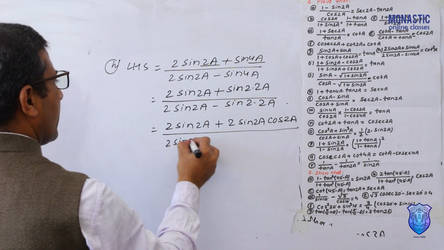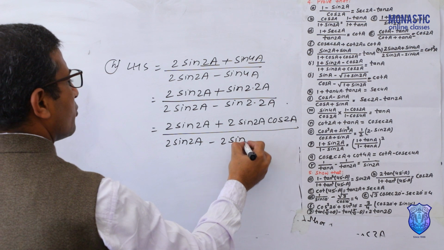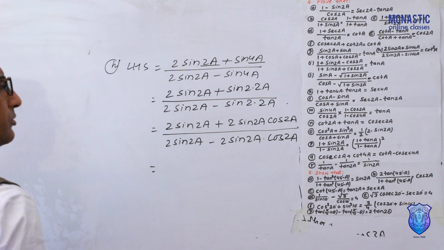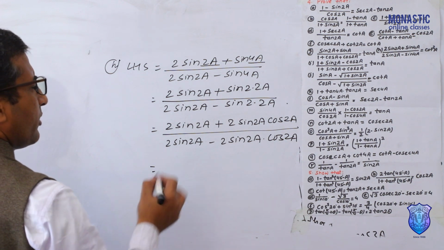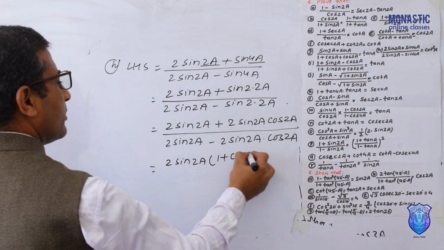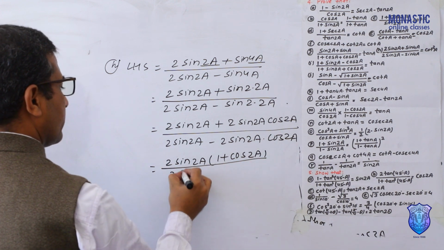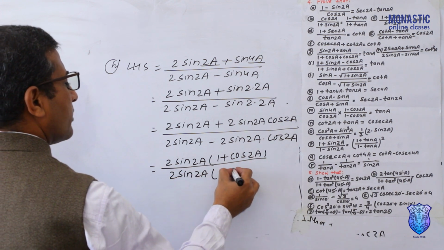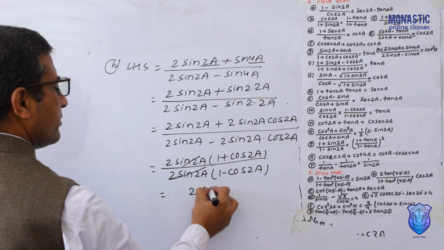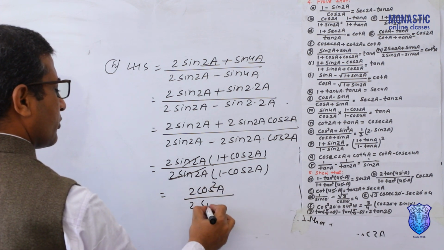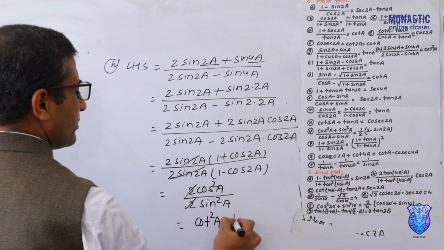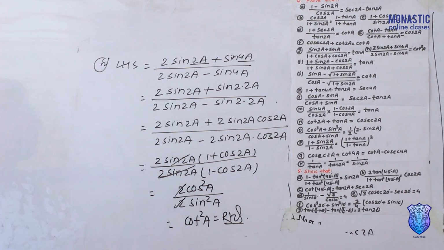Again, what's the formula for this? 2 sin 2A cos 2A. Now from here what we can do? Those things which can be done, simplify. 2 sin 2A is common, it came 1 plus cos 2A. 2 sin 2A is common, it came 1 minus cos 2A. Cancelled. 1 plus cos 2A formula is 2 cos square A. 1 minus cos 2A formula is 2 sin square A. That's the result, cot square A. That's our answer.